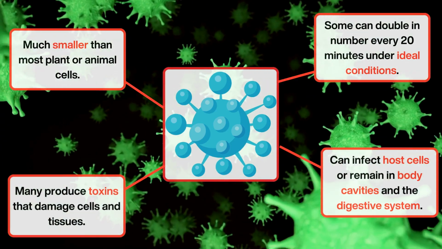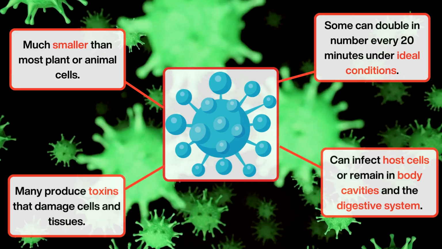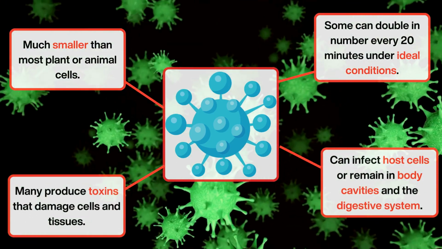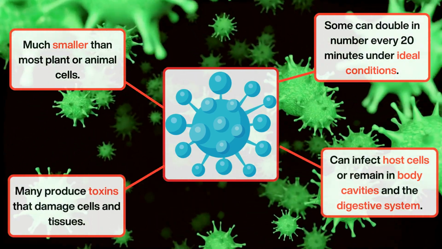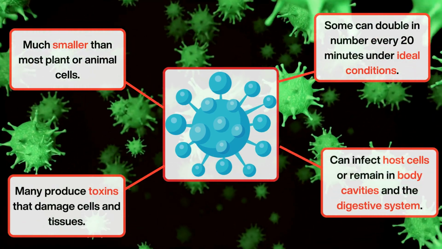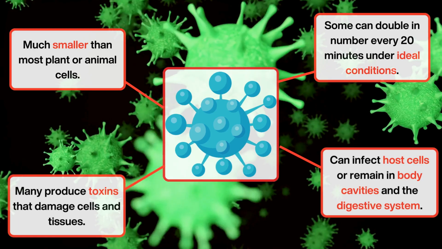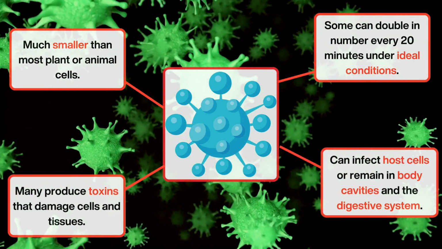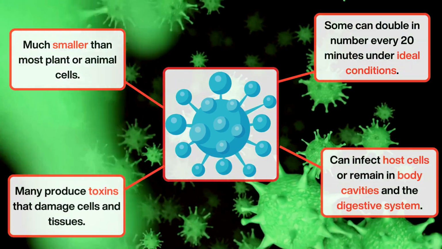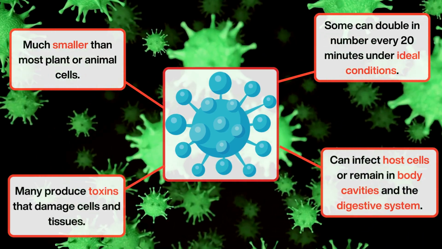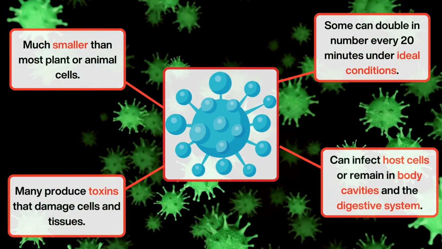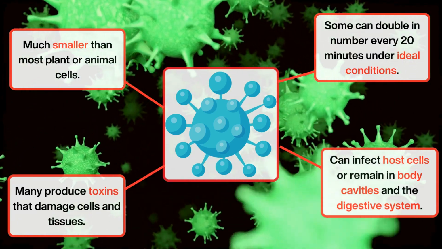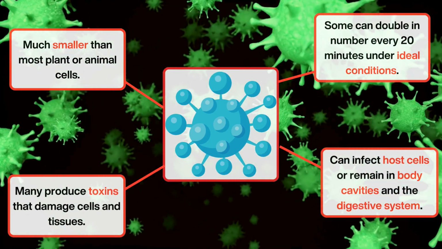In fact, we have lots of beneficial bacteria in our large intestine that help us to digest food and maintain a healthy gut. These good bacteria are crucial for our overall health. However, some bacteria are pathogenic and harmful to the body. We will explore some of these in more detail now. Let's look at 4 examples of pathogenic bacteria and how they cause disease.